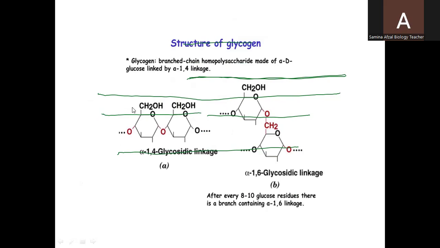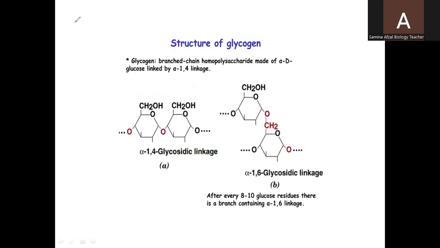Both of them provide energy to them. So if we discuss the structure of glycogen, you can see over here, there is formation of 1,4 glycosidic bond and 1,6 glycosidic linkage. Both of them exist in it. That is glucose and glucose. They will join with this 1,4 glycosidic bond and then 1,6 glycosidic bond.